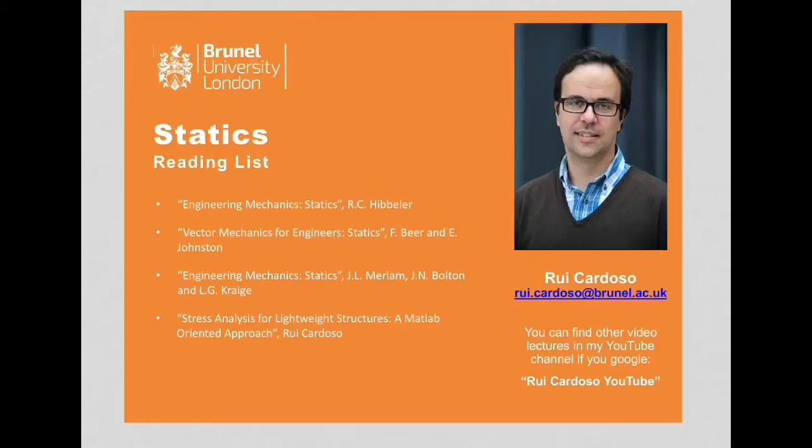Sometimes I refer to which book I've taken the example from, sometimes I don't, but in case I forget to mention it, you have the list of books here, so you know where they came from.